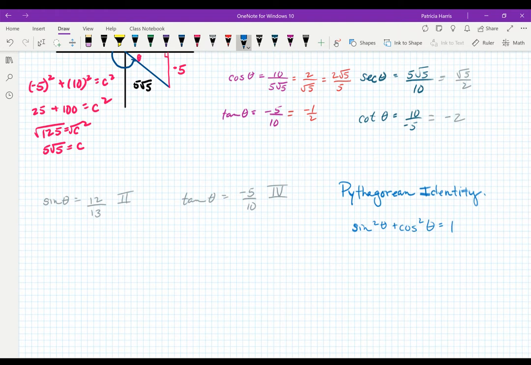Then the next one is 1 plus cotangent squared theta equals cosecant squared theta. The next one is tangent squared theta plus 1 equals secant squared theta.